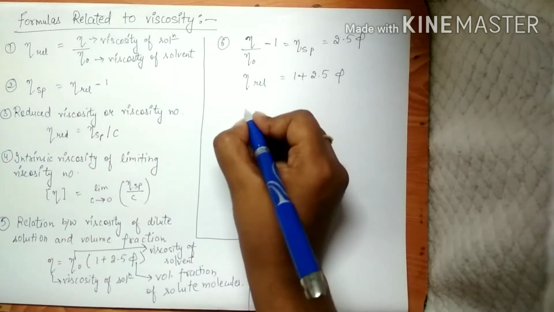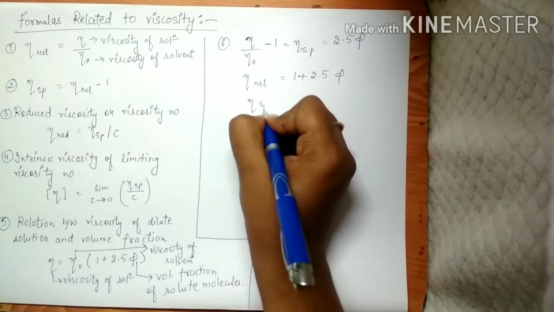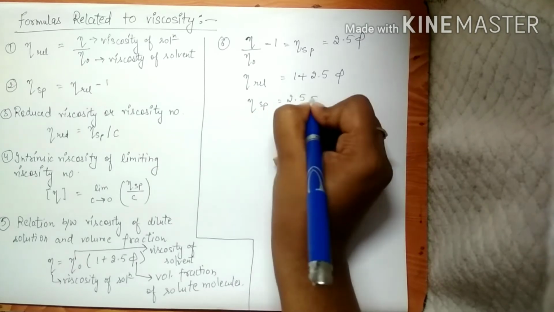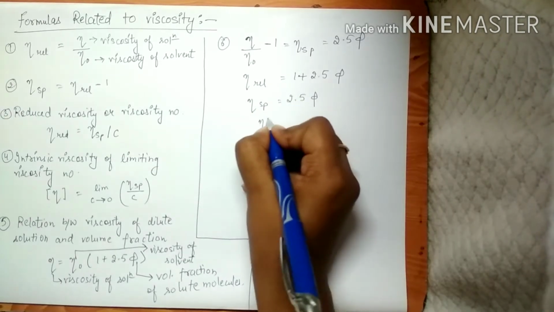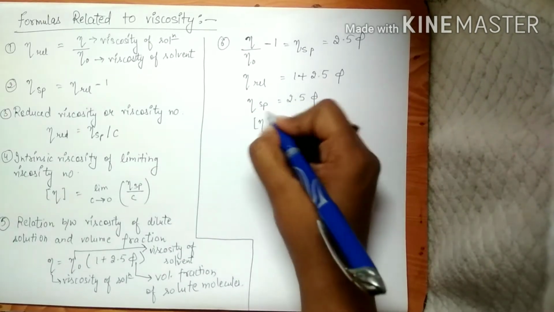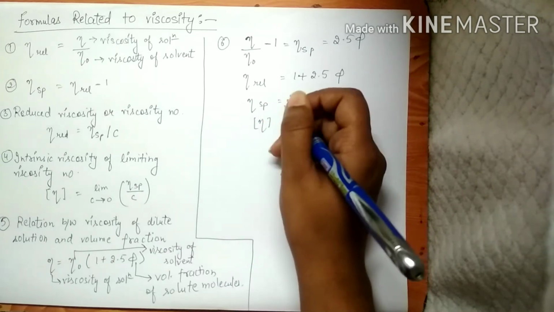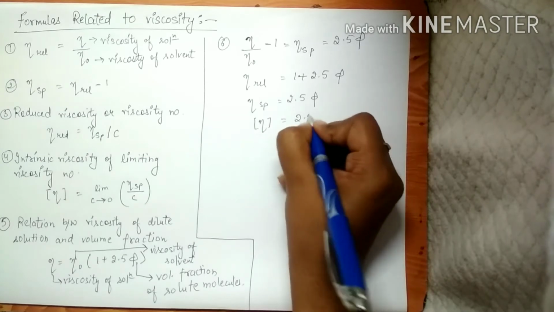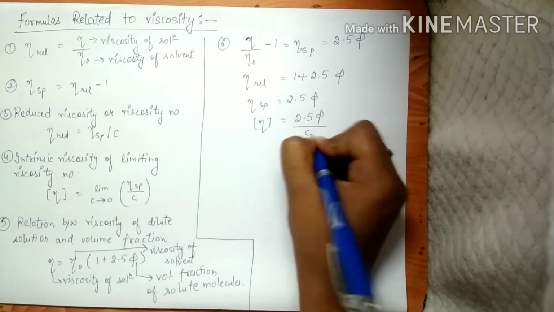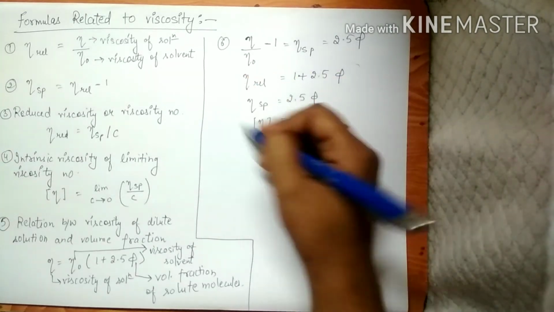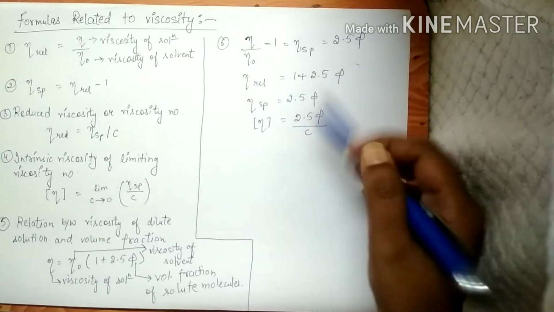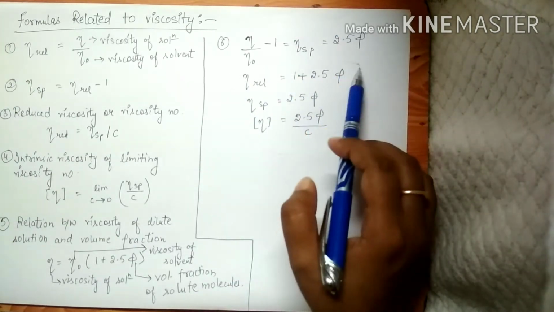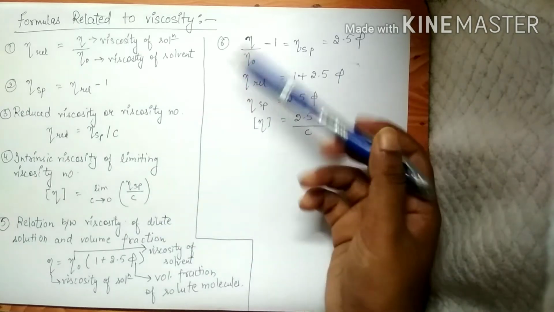Also eta specific will be equal to 2.5 into phi, or you can say intrinsic viscosity or limiting viscosity number will be equal to 2.5 phi into c. So all of these formulas are derived from each other, so you need not learn these, but you should learn these formulas.